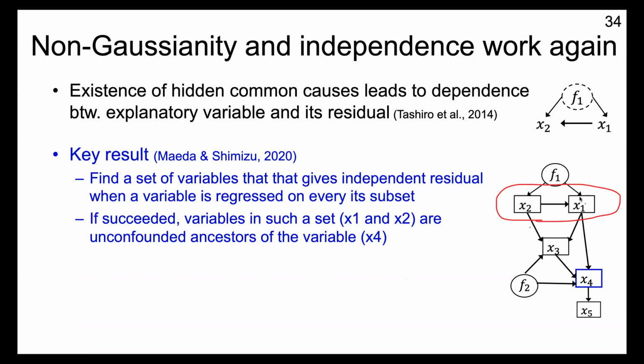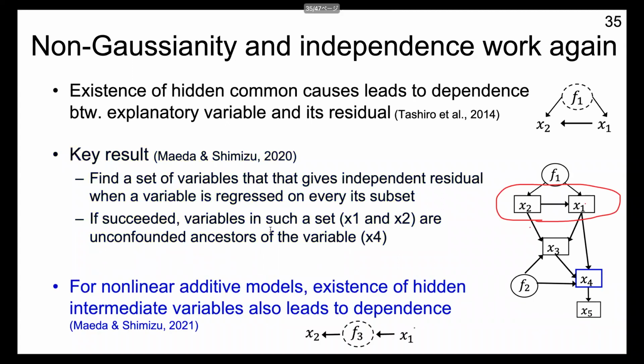Similarly, in this way, we find the unconfounded ancestors. So we can find the direction between x1 and x4.